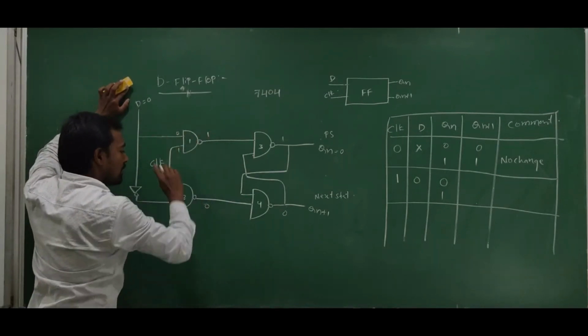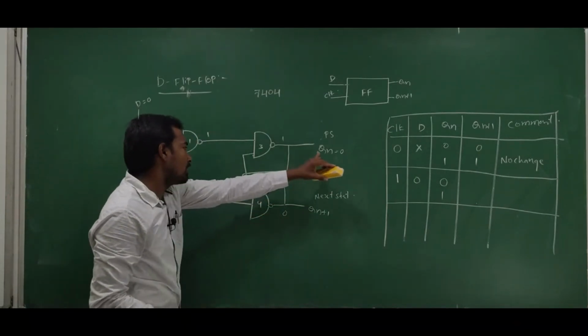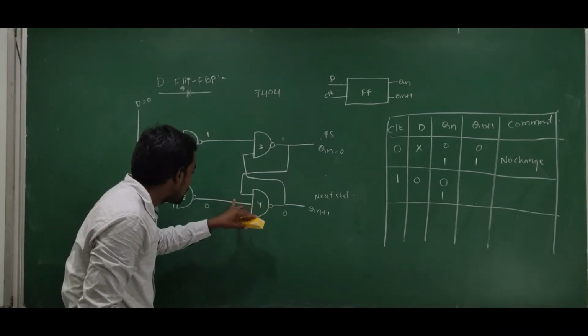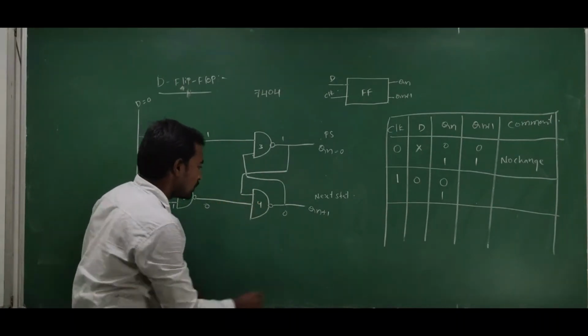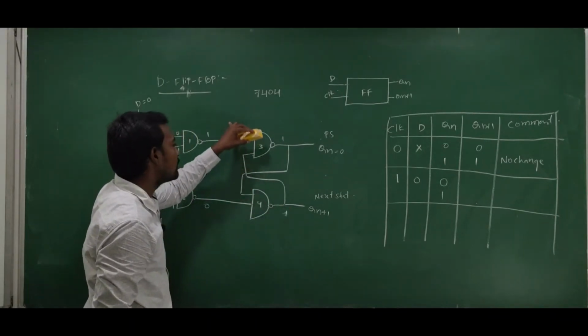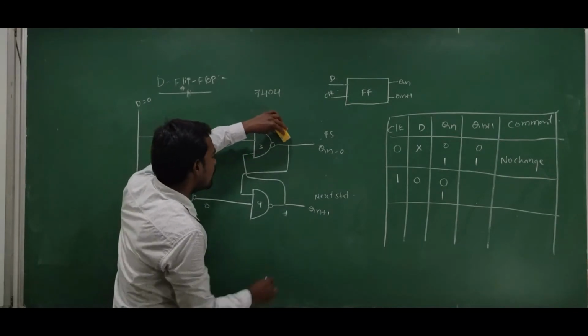0 complement 1 here. So Qn is applied for the fourth NAND gate, and 0 cross 0 is equal to 0. 0 complement here we are getting the output is equal to 1, and 1 cross 1 equal to 1. 1 complement 0.